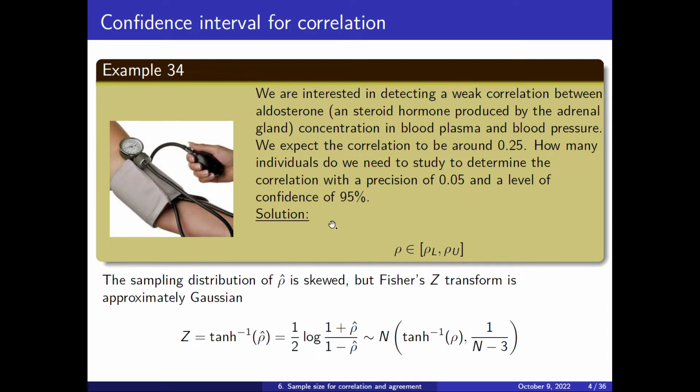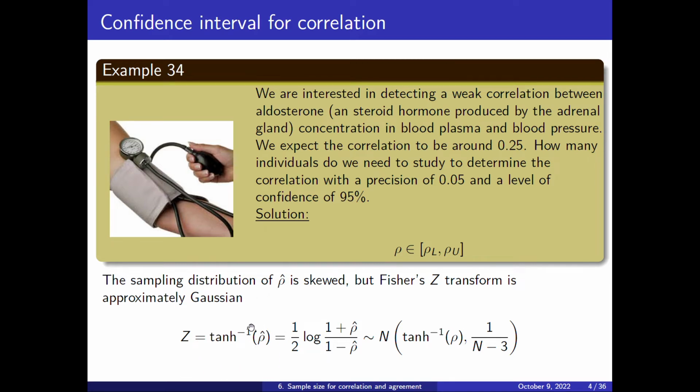As we have done in other cases, we will look for a Gaussian distributed variable, and then we will compute the sample size under that approximation. The distribution of rho, the correlation index, is skewed, but Fisher's z transform is approximately Gaussian.